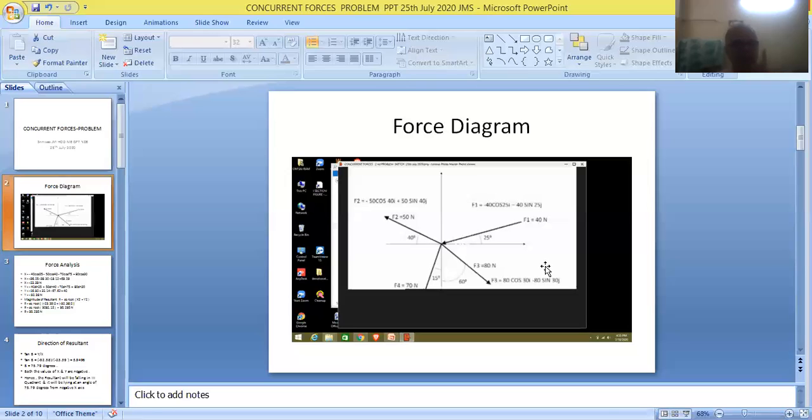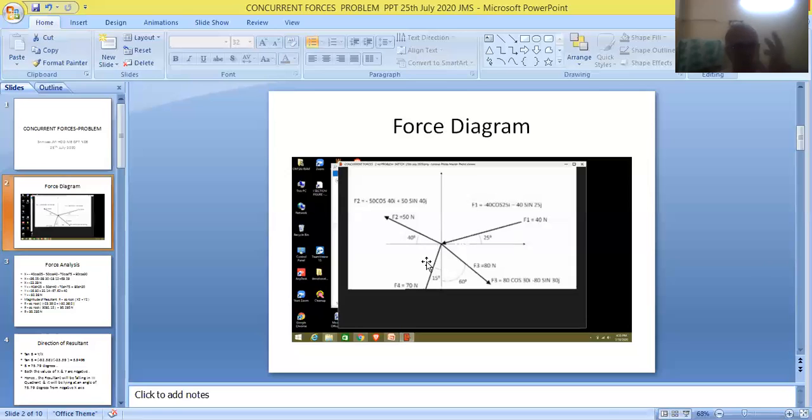Friends, these are the precautions we have to be thorough with. And finally, the consideration of angles is also very, very important: theta 1, theta 2, theta 3, and theta 4.